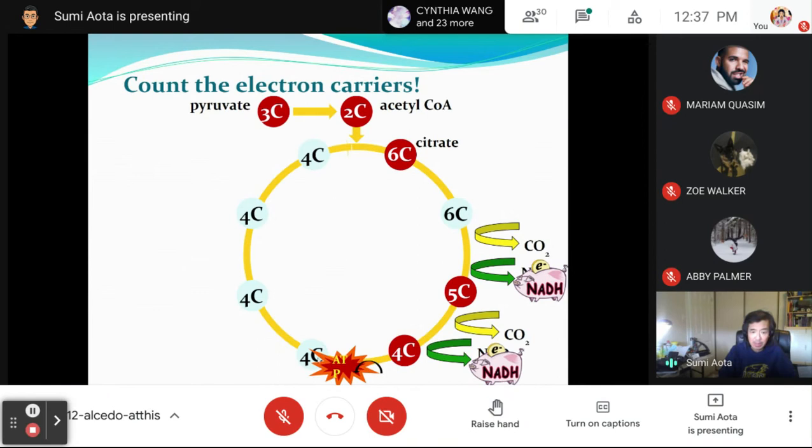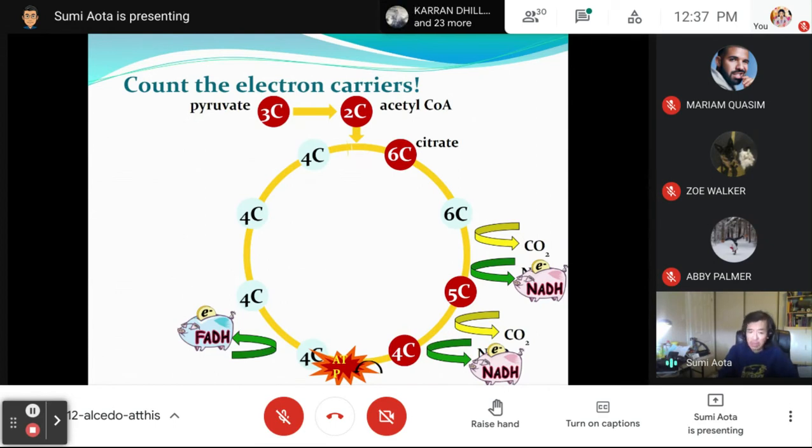Well, from this 4-carbon molecule after the generation of ATP to this next 4-carbon molecule, there is another oxidation step, but we change carriers. The reason is that the energy in the bonds of this 4-carbon molecule is insufficient to transfer electrons to NAD+.